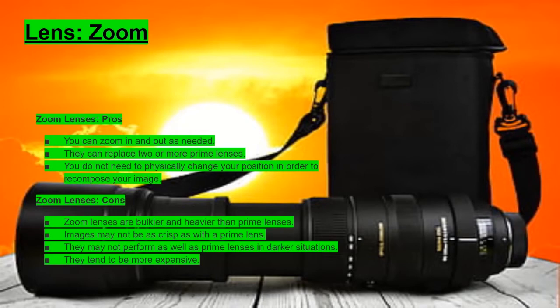They may not perform as well as prime in darker situations also because once again, there's more glass in there. And so having more glass you're going to sacrifice some image quality. And the last thing is that they tend to be a whole lot more expensive.